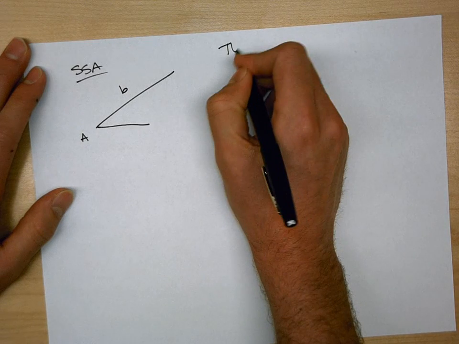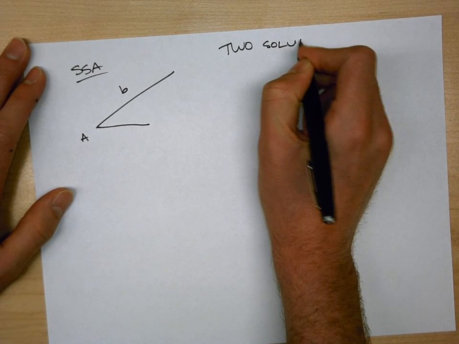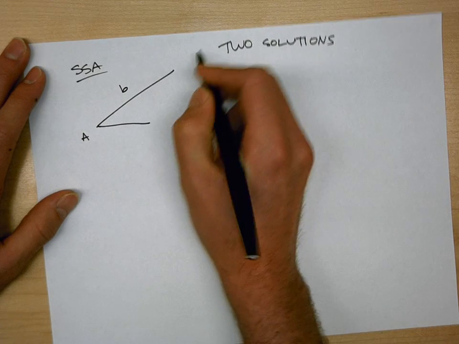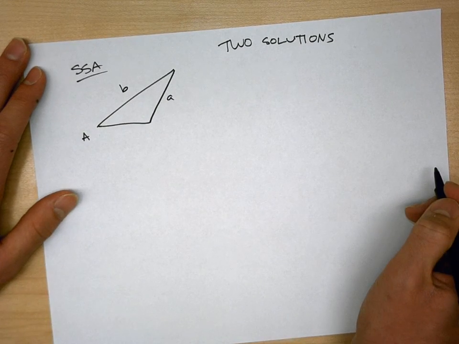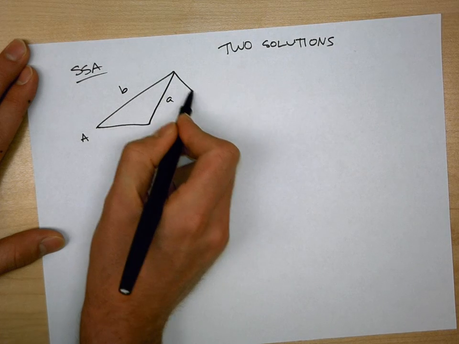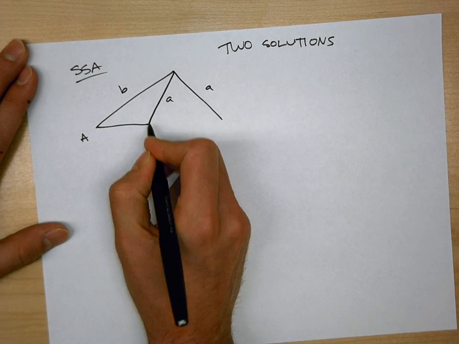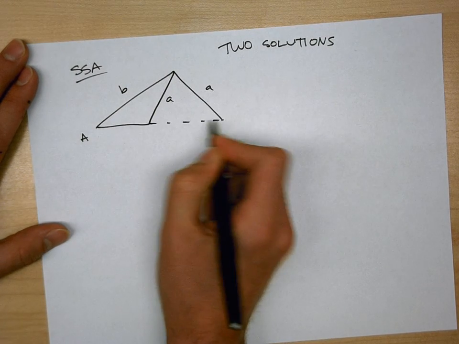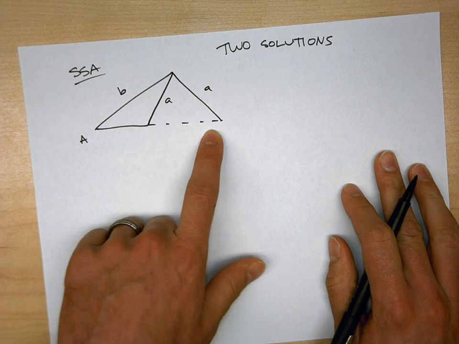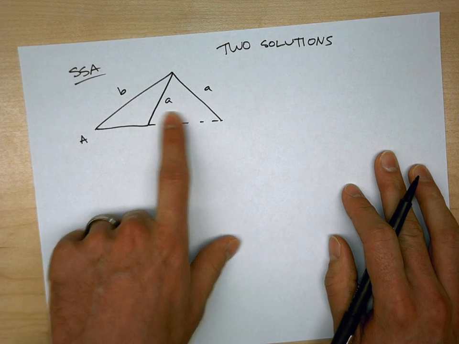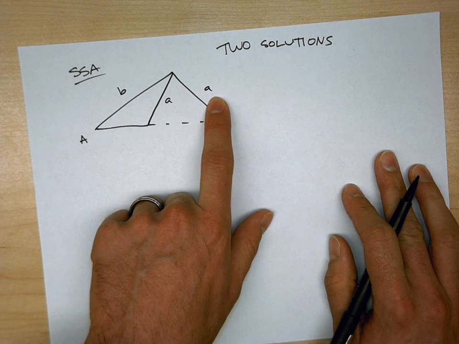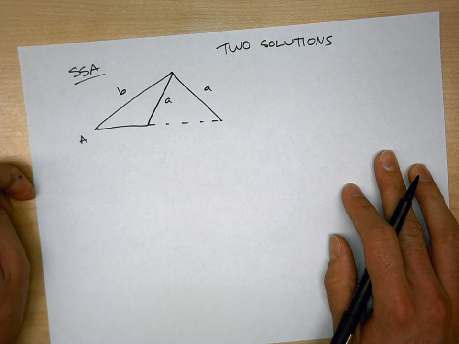We get two solutions when this side a is so long that we could either drop him going that way or drop him going this way. Because we could extend c, this other side, to be as long as we want, we can end up making two possible triangles out of this situation.